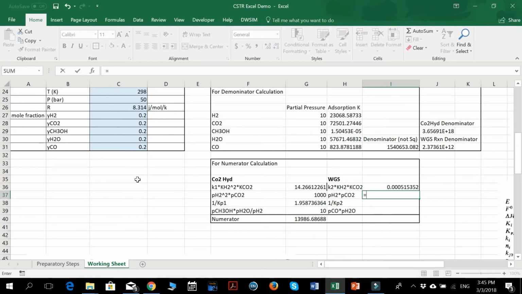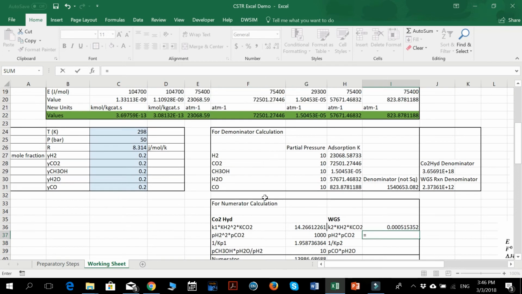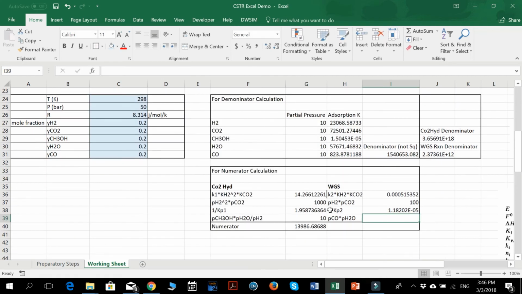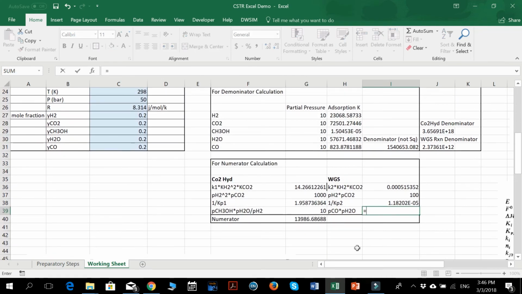So the other one is that you have pH2 times PCO2. And 1 over Kb2 is just nice. It has been inverted for us. This much. And the last one is PCO times PH2O.